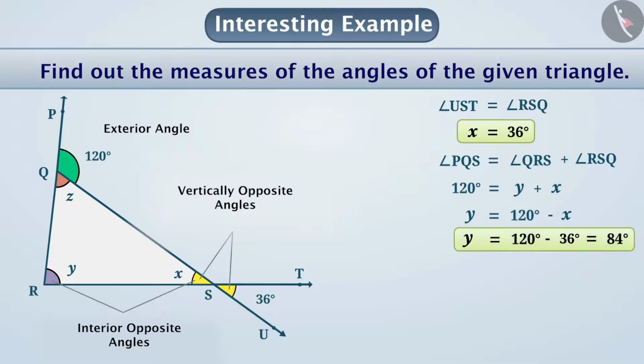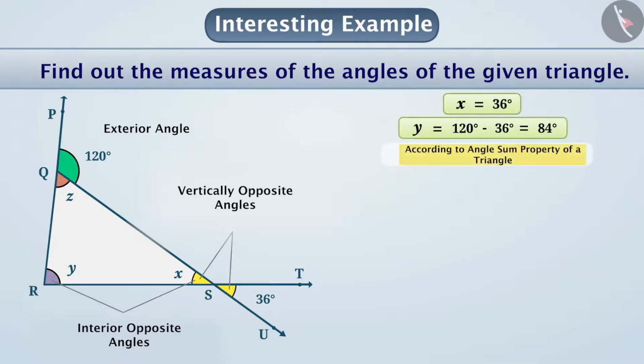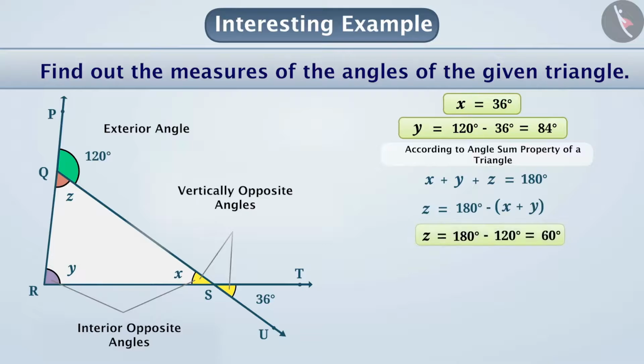We can find the value of z in different ways. According to the angle sum property of a triangle, x plus y plus z is equal to 180 degree. That means z is equal to 180 degree minus (x plus y). Z is equal to 180 degree minus 120 degree is equal to 60 degree.